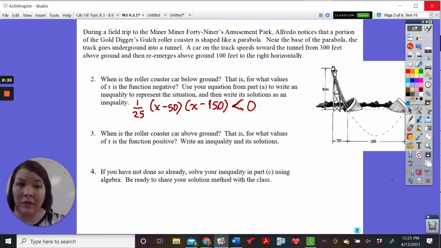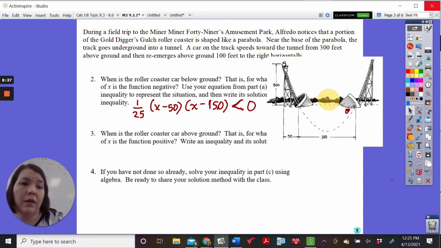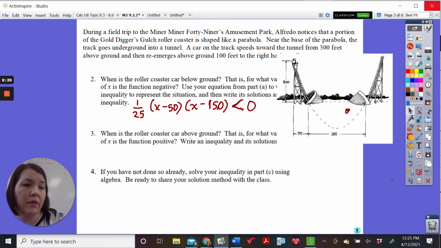Now, let's talk about the solutions. When's it below the ground? It's below the ground between this point and that point, right? When it hits the ground here and goes below the ground at 50, and then it comes back up above the ground at 150. So it's between 50 and 150. Okay.